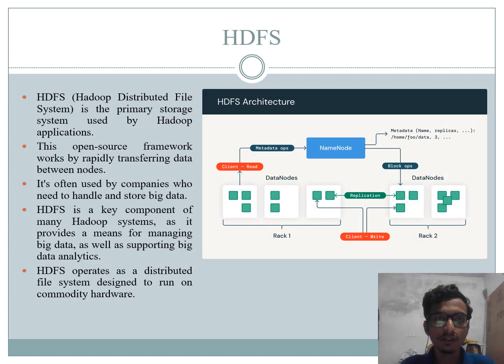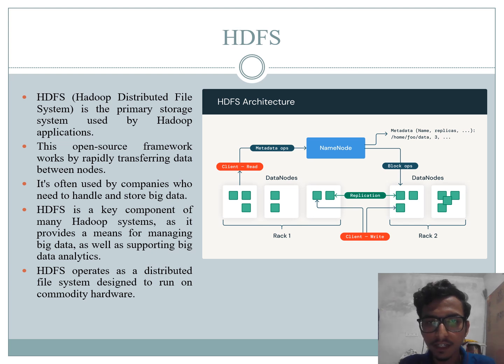HDFS, Hadoop Distributed File System. It's a primary storage system used by Hadoop applications. This open source framework works by rapidly transferring data between nodes. As I said, there is a name node and there are data nodes. In the name node, there is the metadata, that is name, replicas.